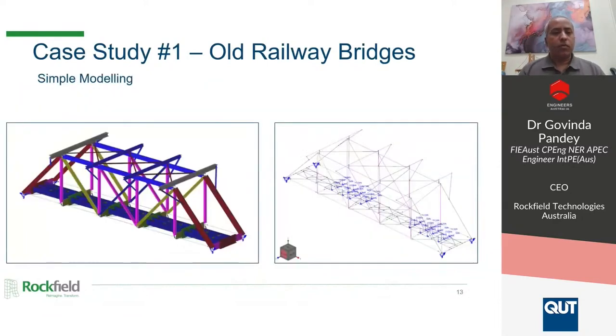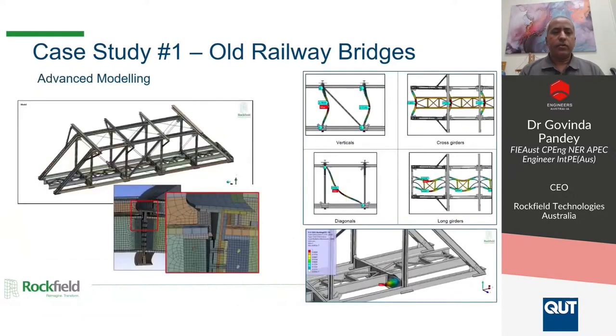The traditional way of doing that is using simple modeling techniques. But the problem with that is, if you do that, all of a sudden you see a lot of members being non-compliant. So we used our modeling skills to take that to a higher tier assessment. If you look at the load path in these structures, it's really complicated.